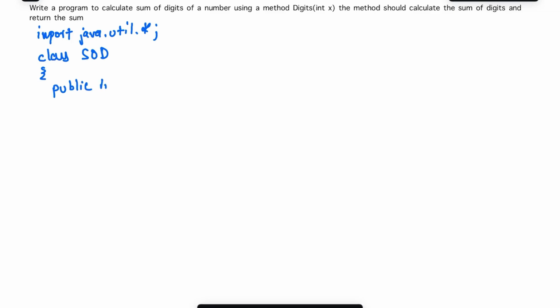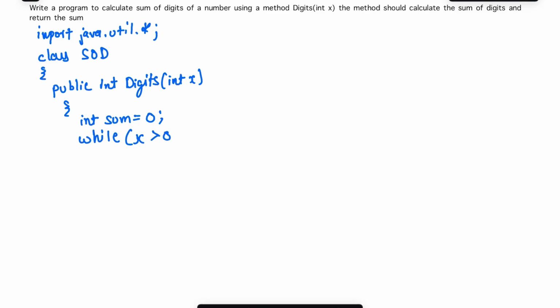Public int digits(int x). I'm just going to write some lines and then I'll try to explain it to you. sum = 0; while x is greater than 0.